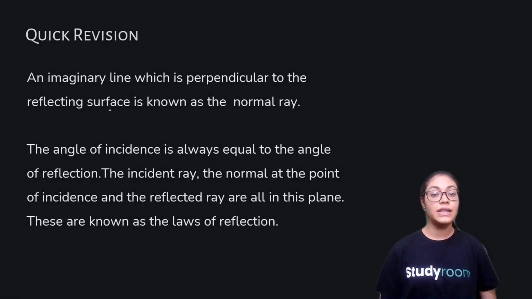An imaginary line which is perpendicular to the reflecting surface is called the normal. The angle of incidence is always equal to the angle of reflection. The incident ray, the normal at the point of incidence, and the reflected ray are all in the same plane. These are known as the laws of reflection.